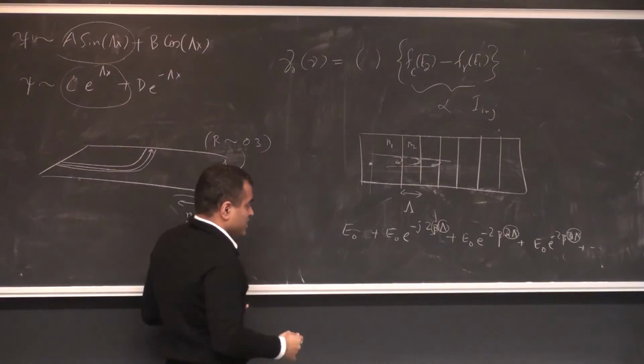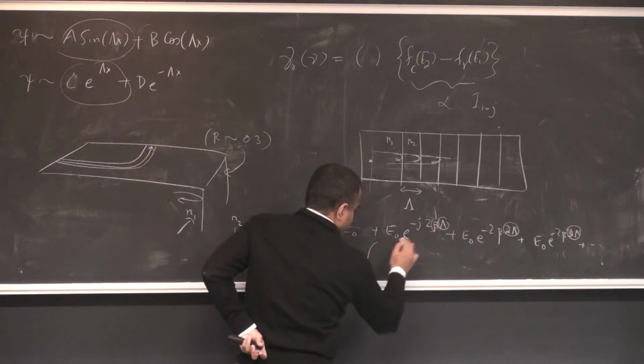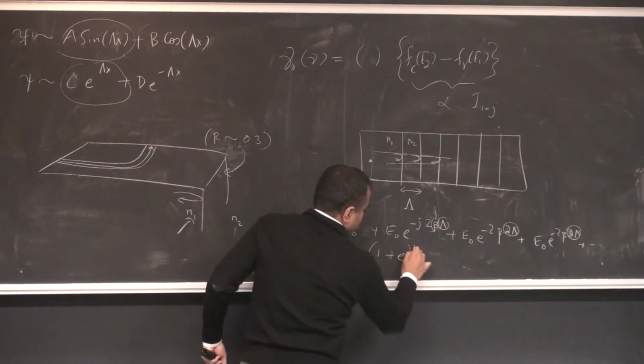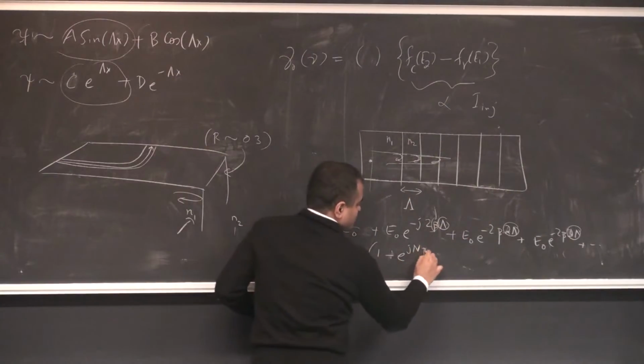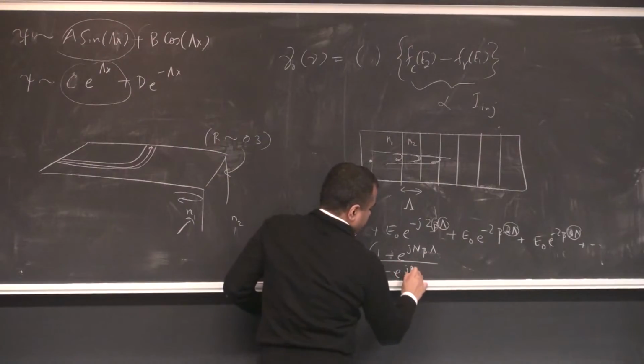So you can always do that in a wave, and that's because your whole electric field amplitude, you can do the geometric sum here, would look like 1 minus e to the power j n times beta times this whole quantity over beta times this.